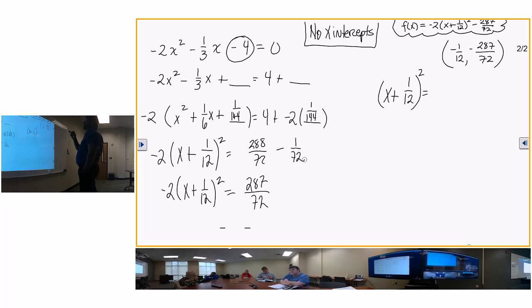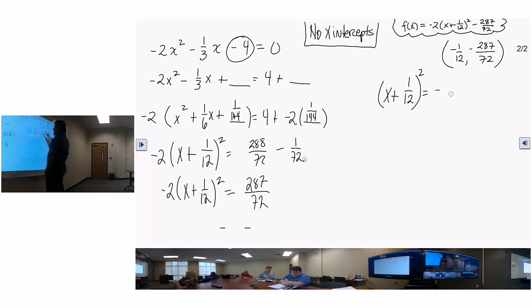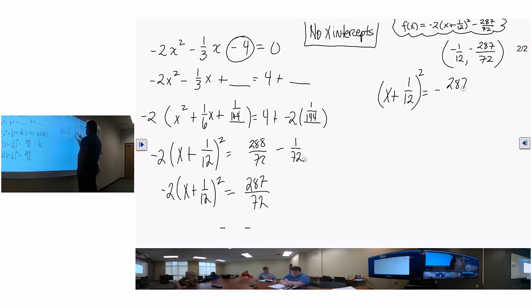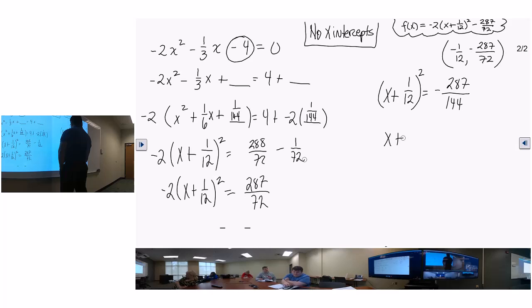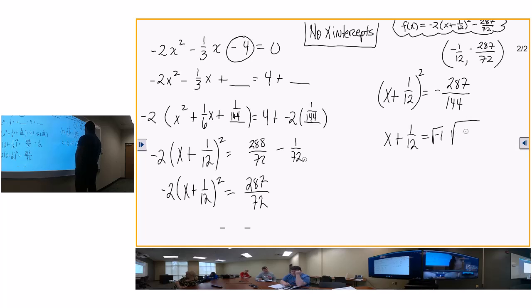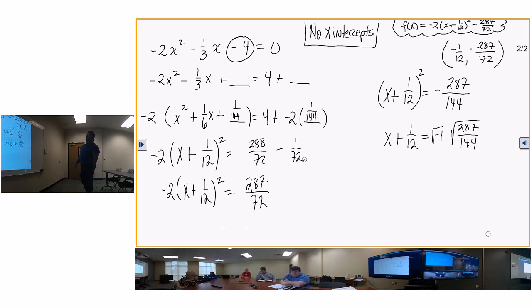You divide by negative 2, you multiply by negative 1/2, that's going to be negative 287 over 144. Right. So that's going to take the square root. x plus 1 over 12 is equal to the square root of negative 1 times the square root of 287 over 144. And I did that on purpose just to show you how you're going to get i.